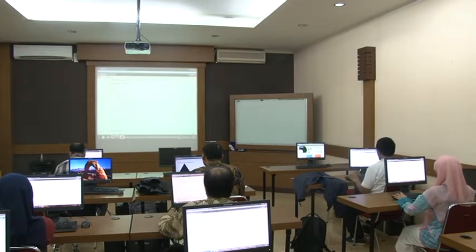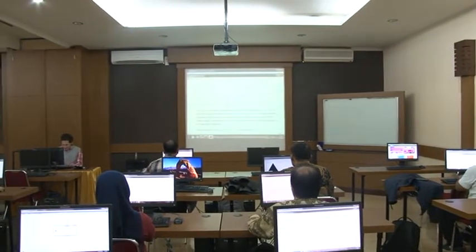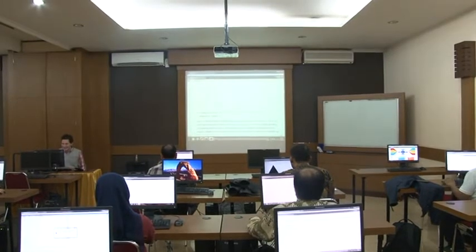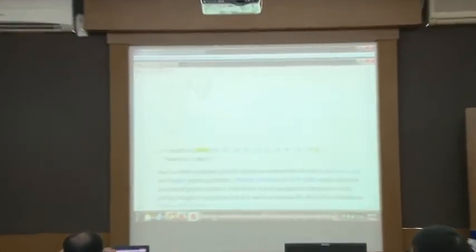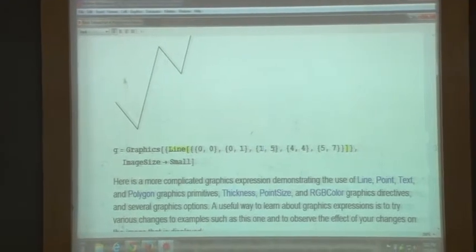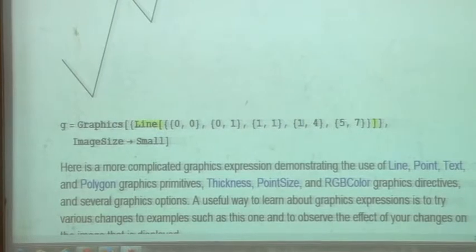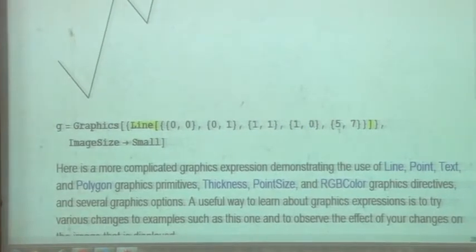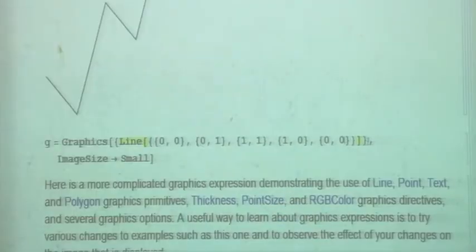So the idea was for us to replicate the structure here. Control L, right? And then the line, as I said, was going to be from 0, 0, to 0, 1, to 1, 1, to 1, 0, right? And then 0, 0. Correct?